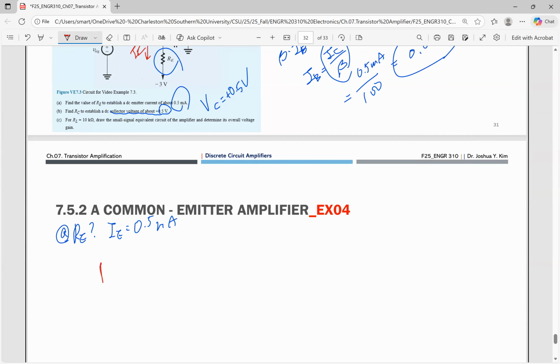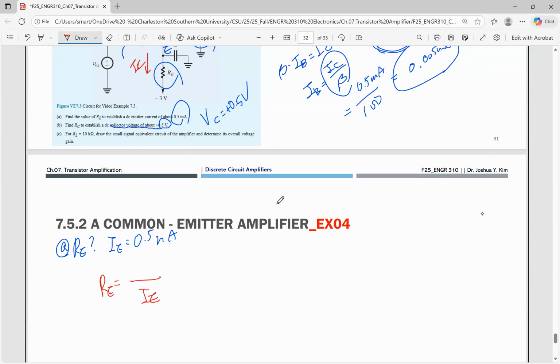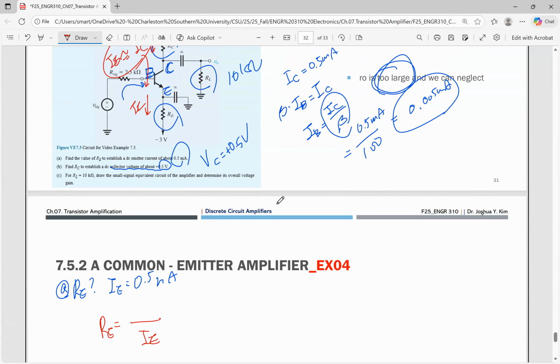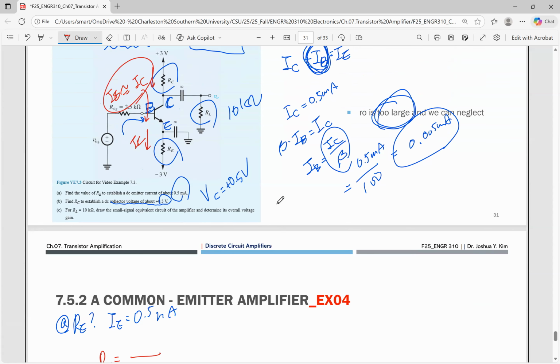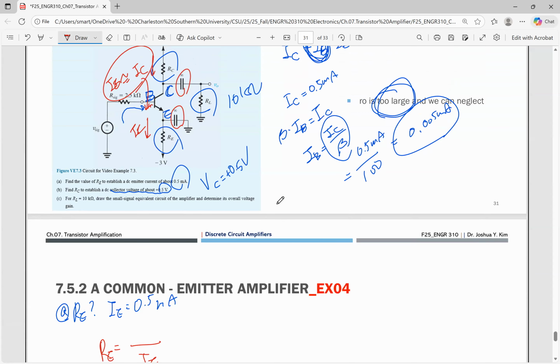All right, so we are looking for R sub E. By Ohm's law, this is the I sub E, and this is the minus 3 voltage in here. For this case, this is the open circuit, and right there, this is a 0.7 volt.